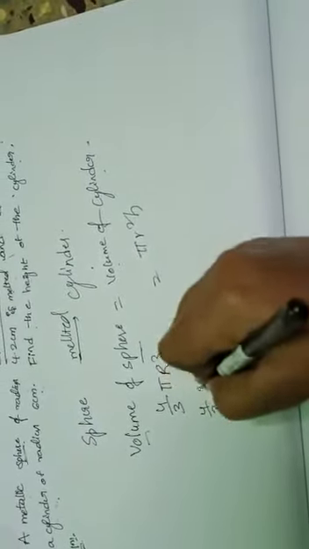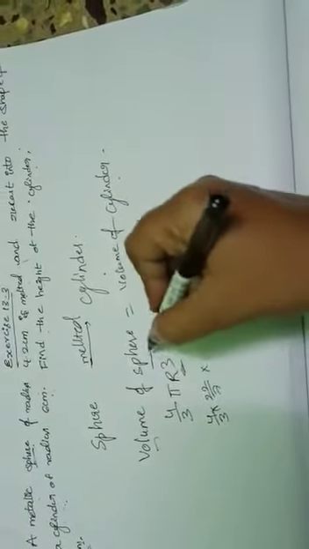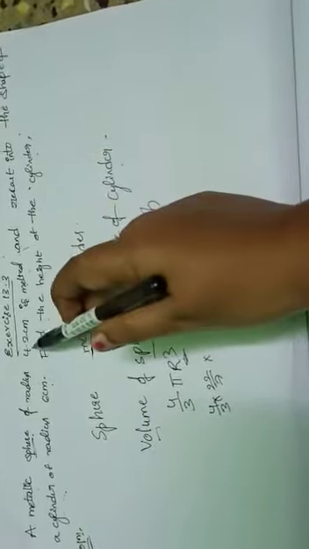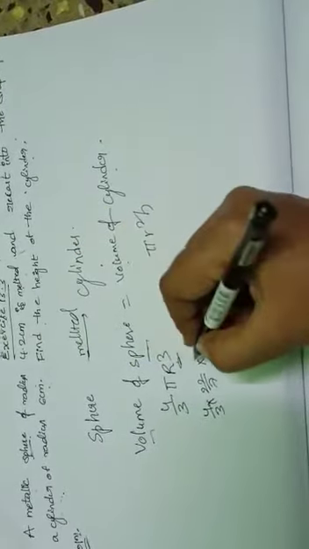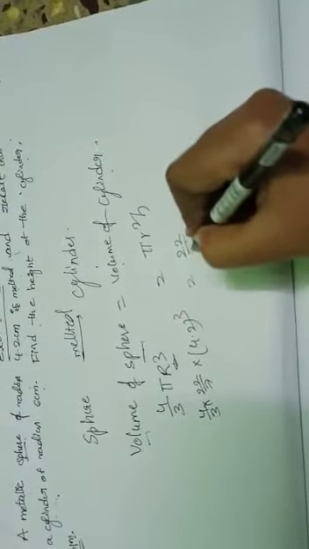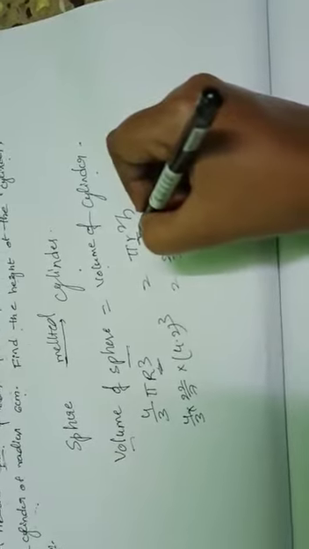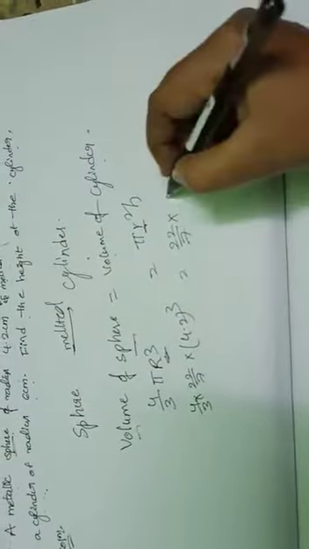4 by 3, pi value 22 by 7, r cube. Radius of the sphere 4.2 whole cube, which is equal to 22 by 7 into r square. Radius of the cylinder is 6 square.